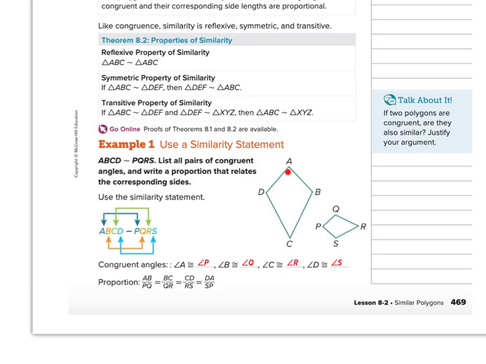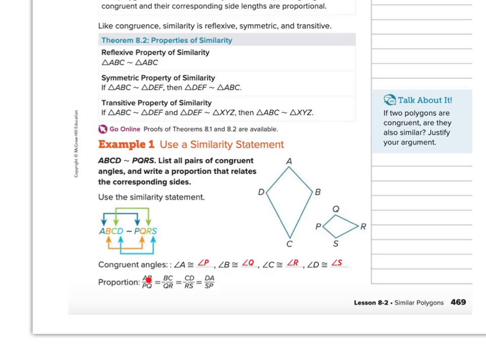So I know in this case that angle A should be the same as angle P. I know that angle B should be the same as angle Q because those are the corresponding values in the names. So I know which angles should match up, and then all my sides should match up proportionally.